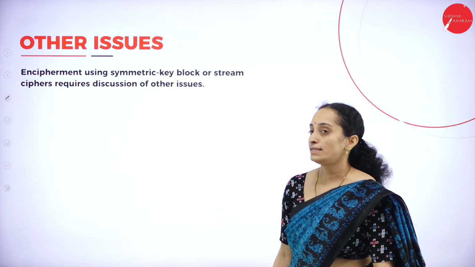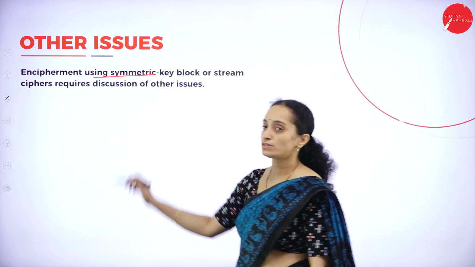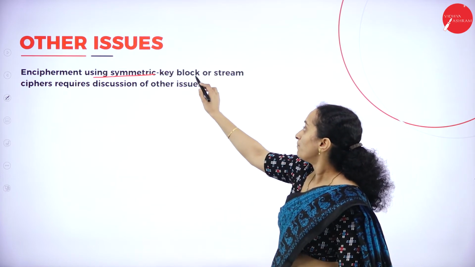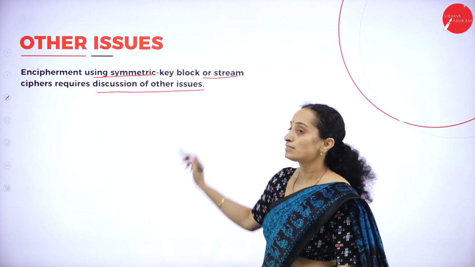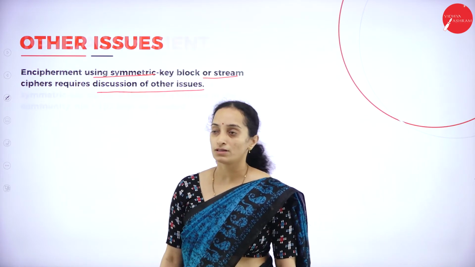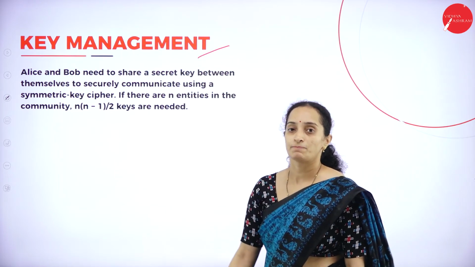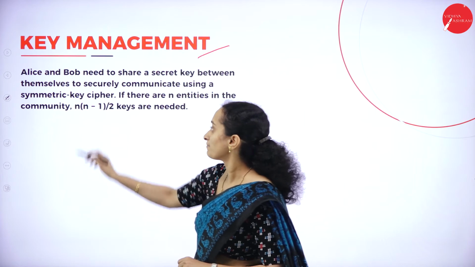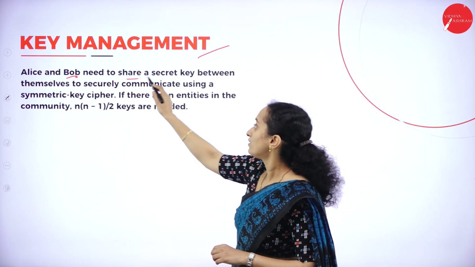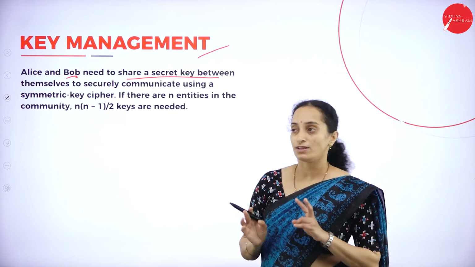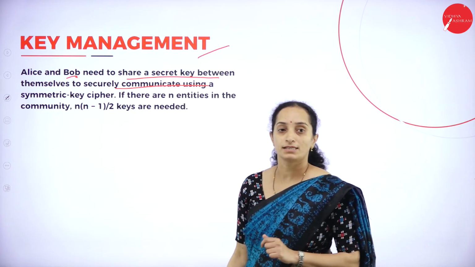Okay. Let's look at the other issues. The encipherment using the symmetric key block or stream cipher requires discussion of other issues. What are those other issues? How to manage the key. When you have a receiver and a sender, they need to share a secret key between each other to securely communicate using a symmetric key cipher.